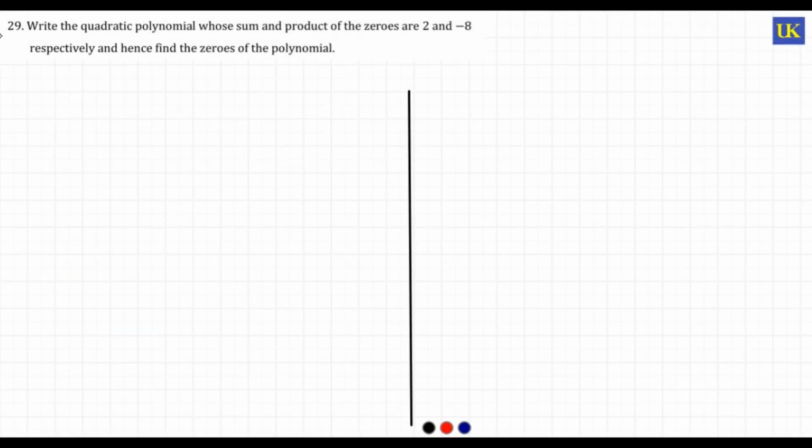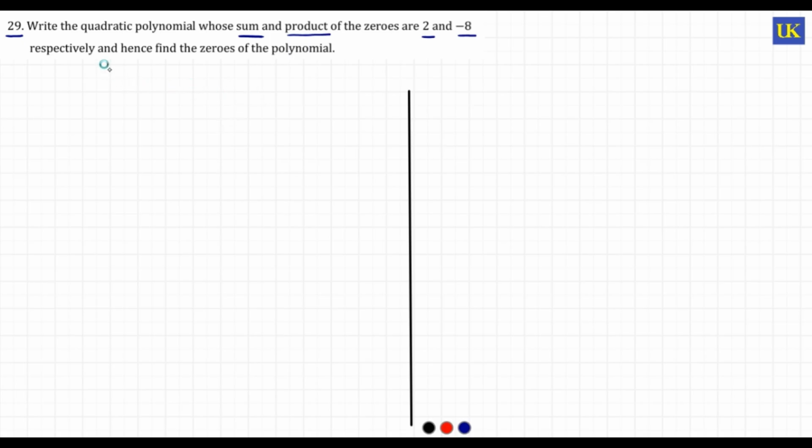So in this question we will solve question number 29. Write the quadratic polynomial. So we have to write the quadratic polynomial whose sum and product of zeros are 2 and minus 8 respectively. So they have given the sum and product.